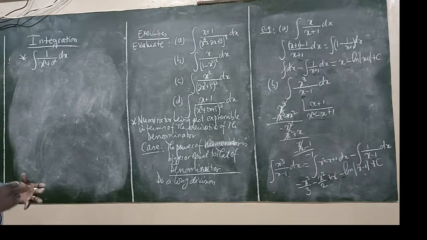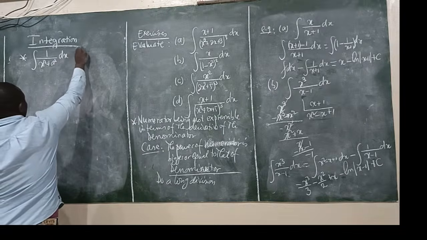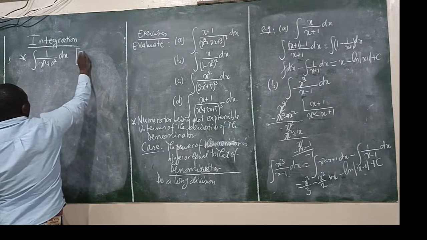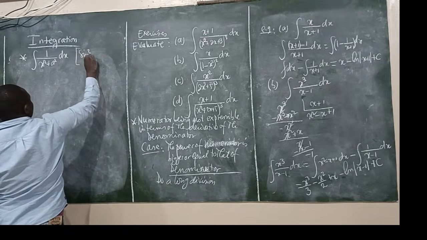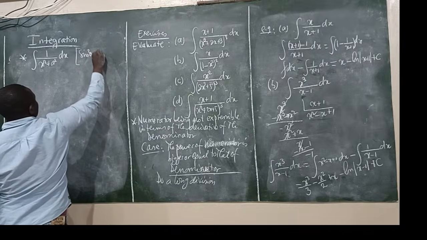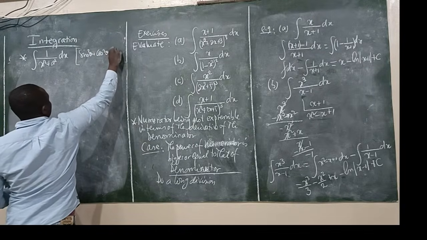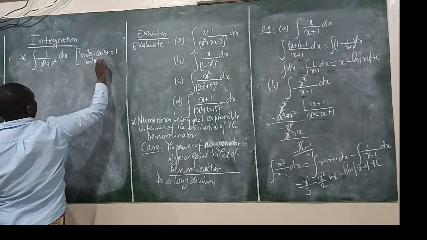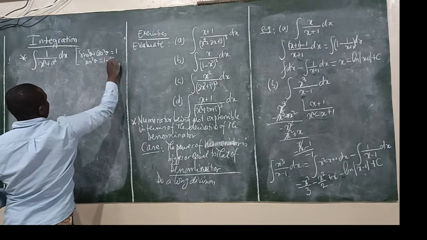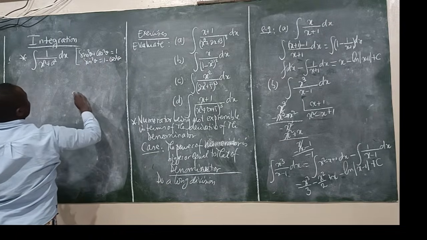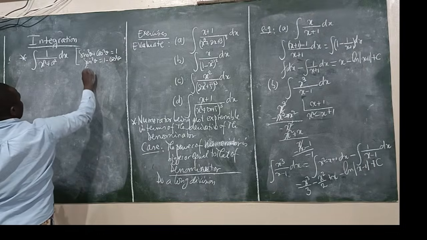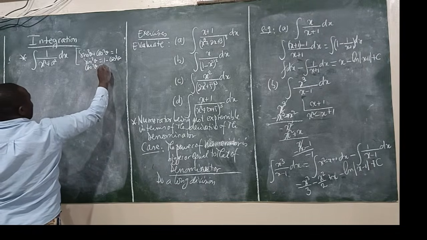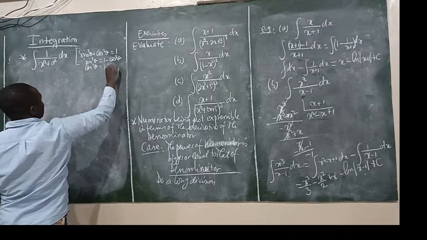We know trigonometric identities. Let me remind them to you. We know that sine squared theta plus cosine squared theta is 1. That's why sine squared theta is 1 minus cosine squared theta, and cosine squared theta may be written as 1 minus sine squared theta.